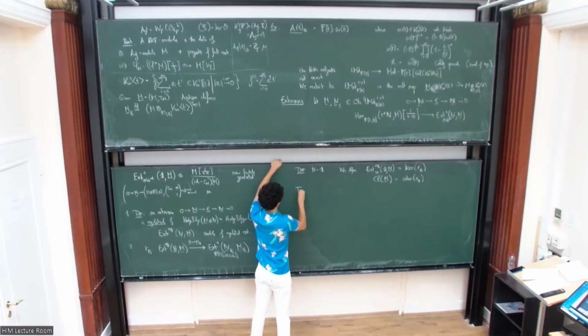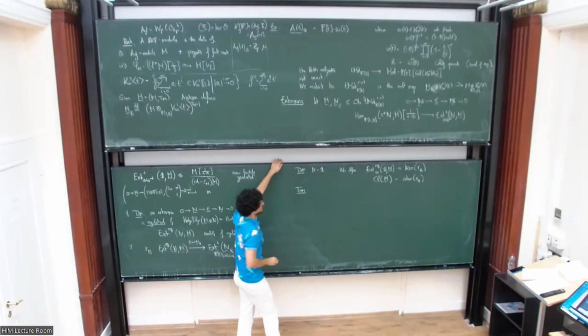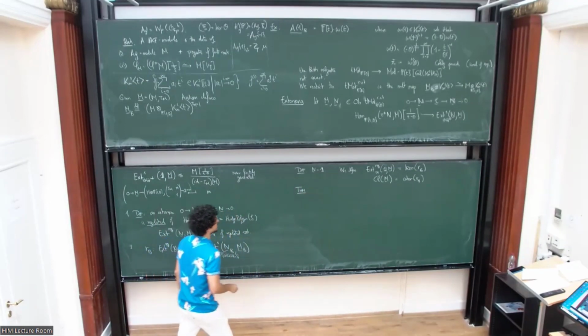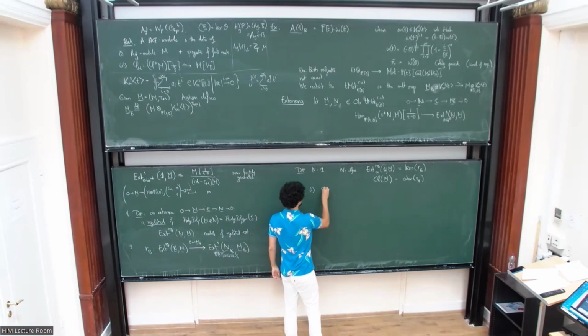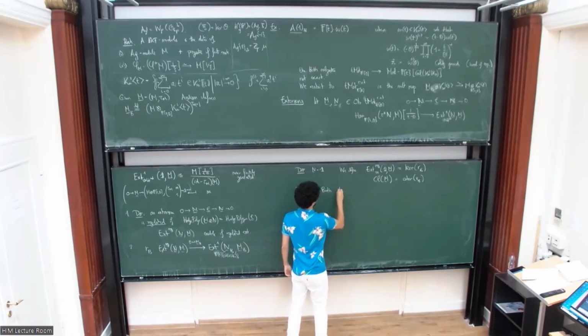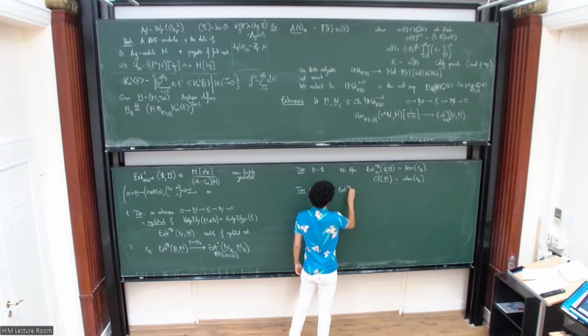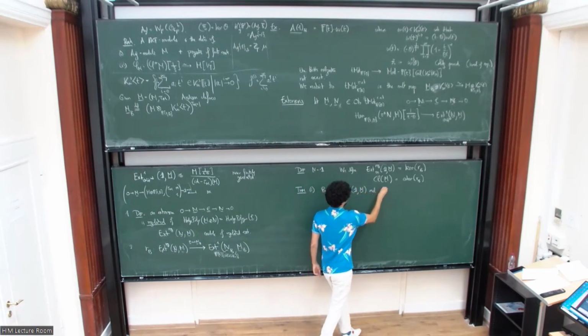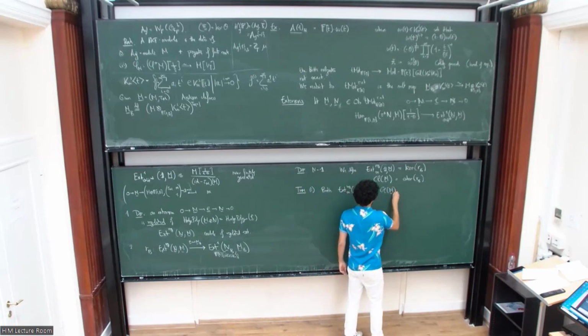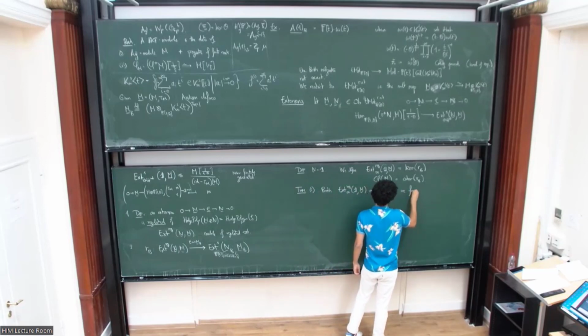So the first theorem is that both modules are finitely generated.